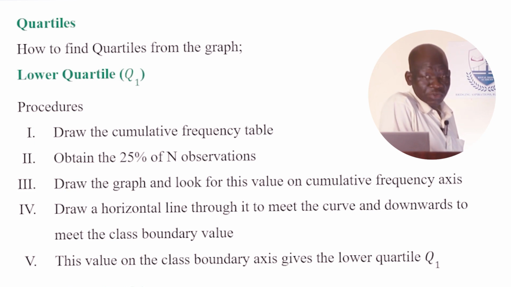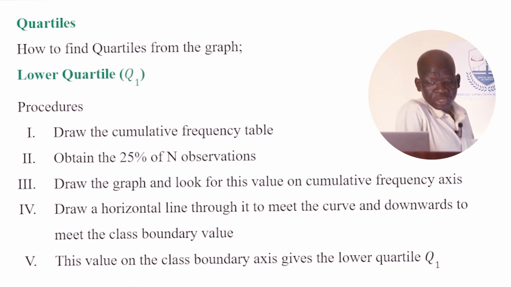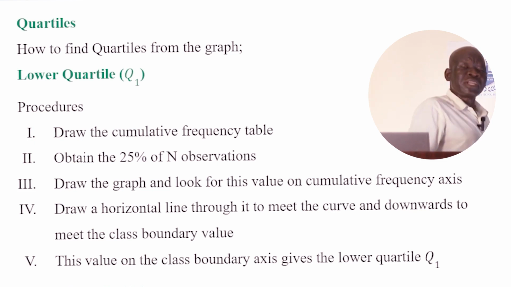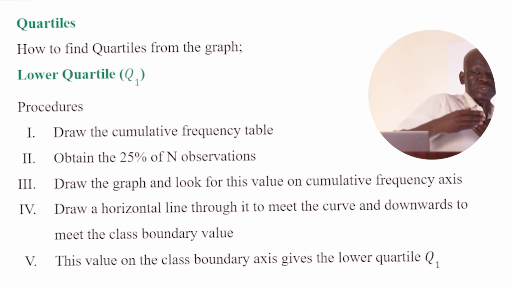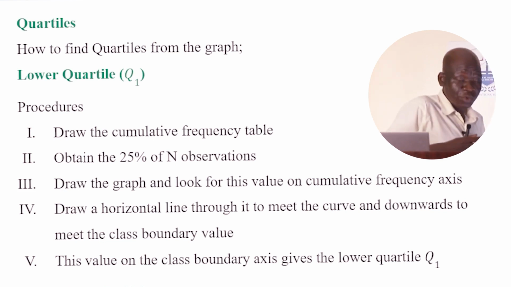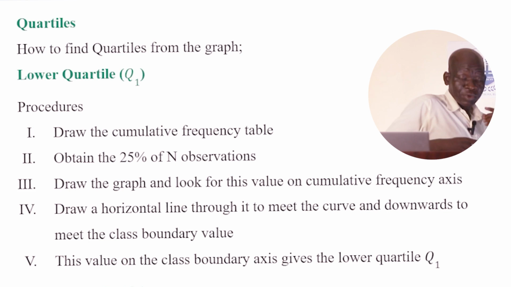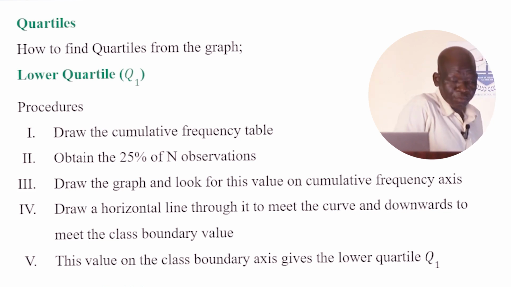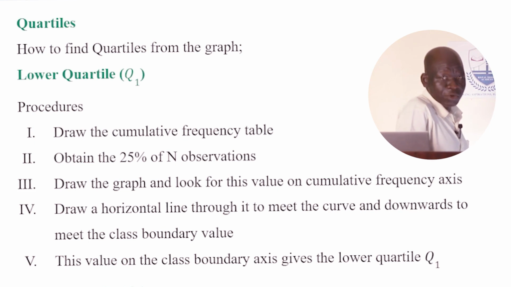Then after drawing the graph, step number 4, we draw a horizontal line through the observation that we had got, that is to say 1/4 of nth observation, or 25% of nth observation.